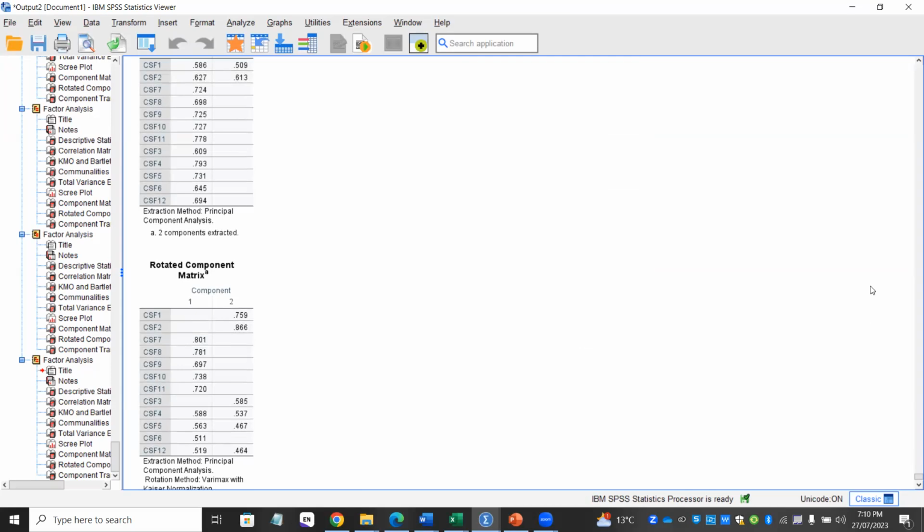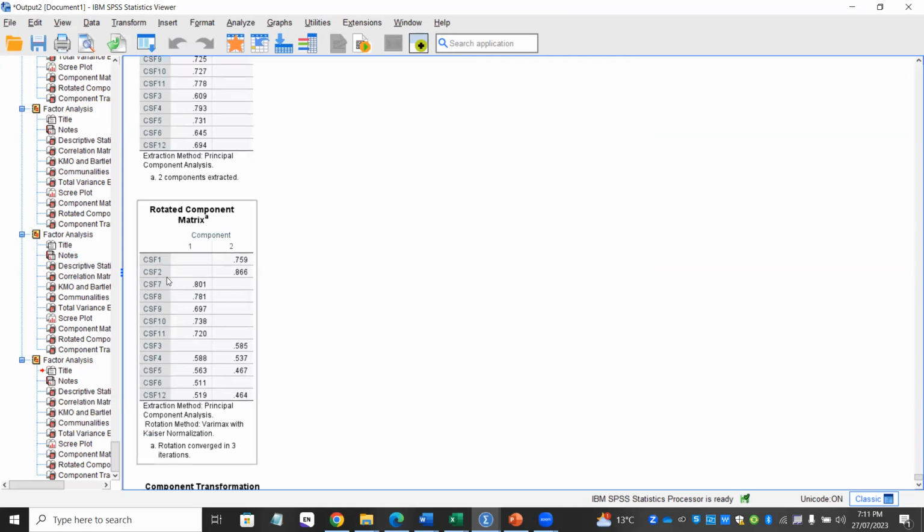Okay. Then when you come down, you see the rotated and then unrotated. So always use the rotated component matrix. You can see that CSF1, CSF2, they all belong to component 1. They are clear. Component 2, and then 7, 8, 9, 10, 11, they belong to 1.